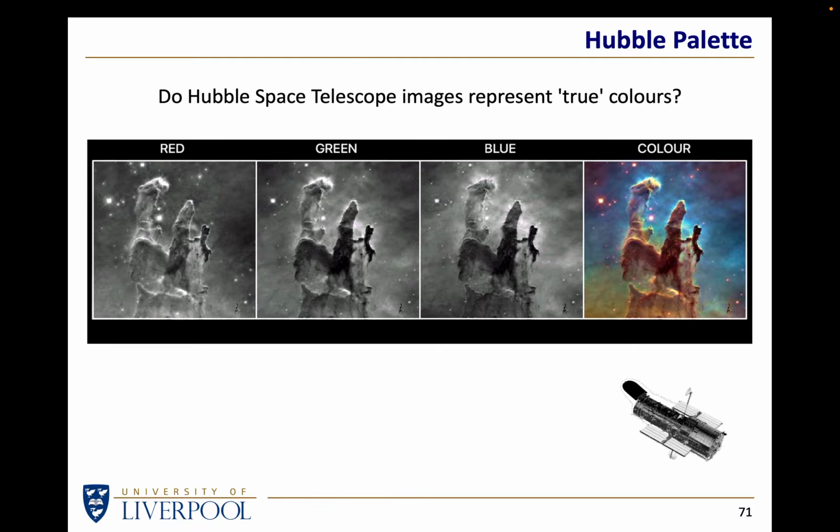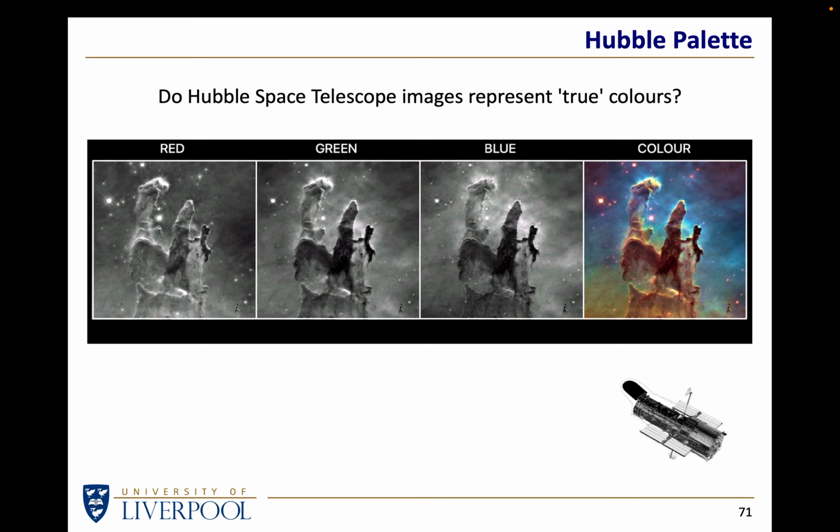If you want to understand the structure of these things, it's more useful not to take a color image where everything comes out red because it's dominated by hydrogen. It's more useful to say, I'm not going to take a red, green, blue image by filtering out what's coming in the red end of the spectrum, what's coming in the middle of the spectrum in the green range, what's coming in the blue end of the spectrum.